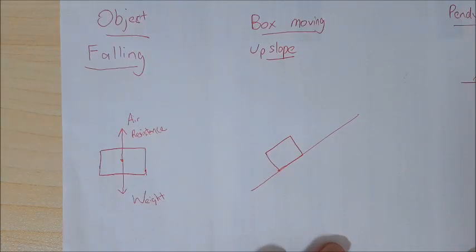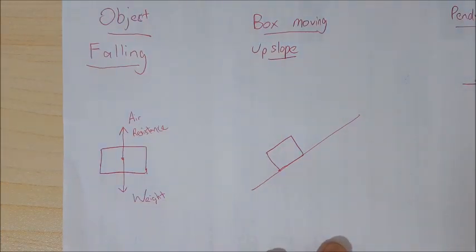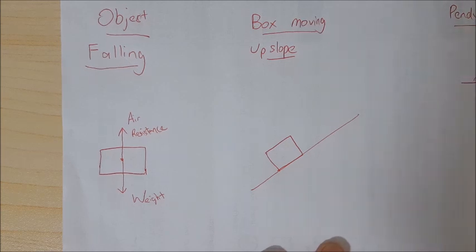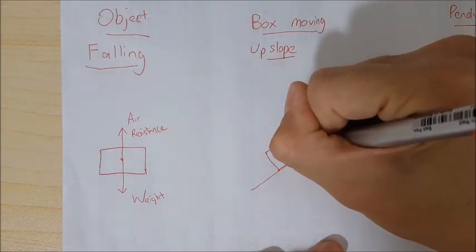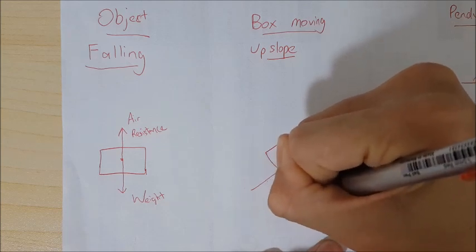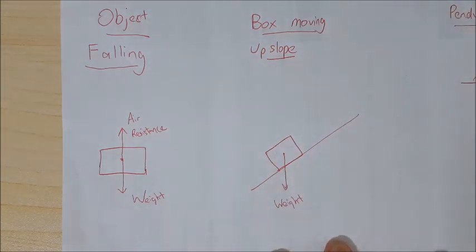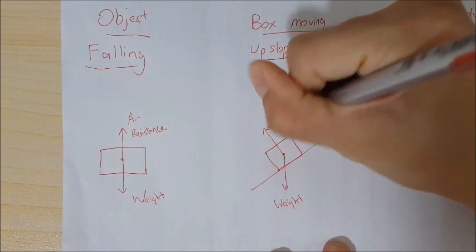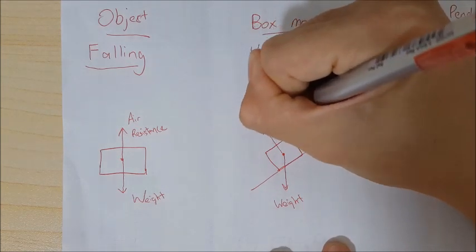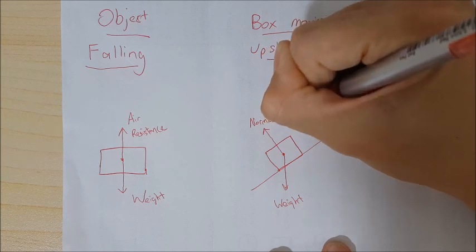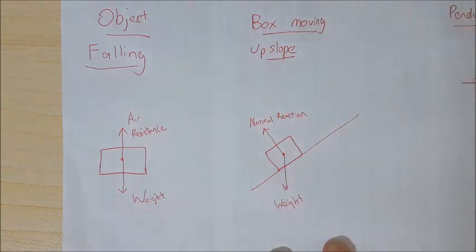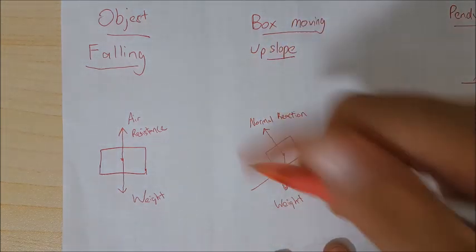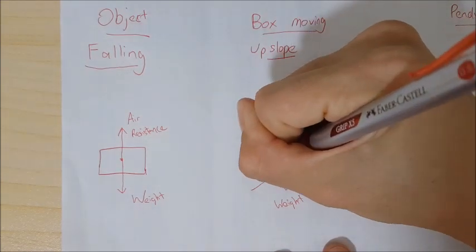Okay, a second situation can be when, let's say, a box is moving upslope. How many forces are acting on it? It's actually quite a bit. First, the easiest one, weight. Weight acts downwards. The next thing you'll see is normal reaction. I'm going to draw it from the dot to show it clearly. Normal reaction is 90 degrees from the surface. What else? If the object is moving upwards, it will experience a frictional force in the opposite direction.